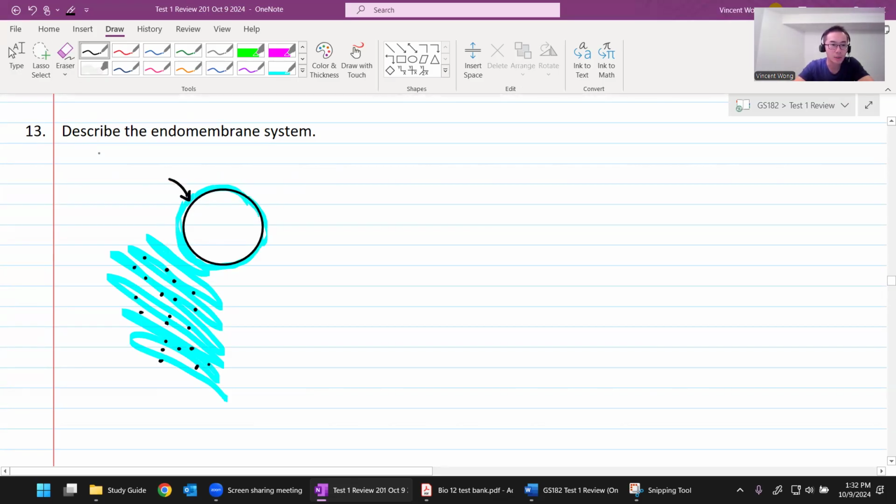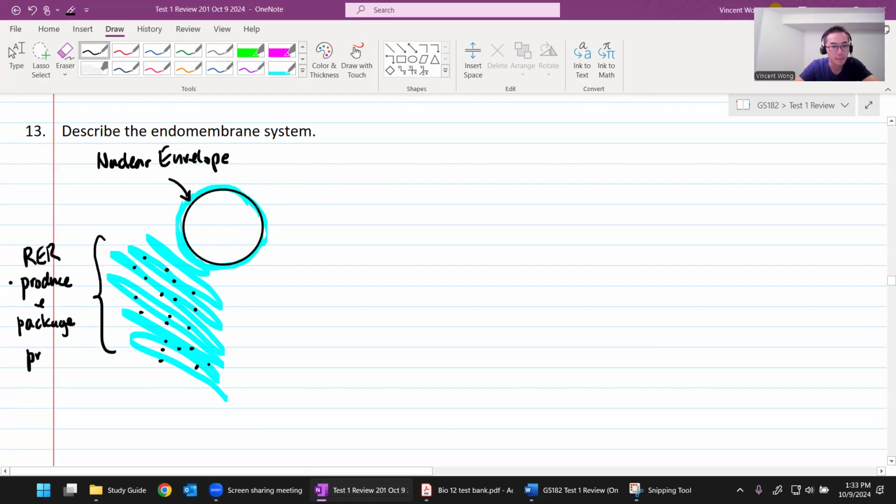Okay, so that's the nuclear envelope, and this here is the rough ER. Rough ER works with ribosomes to produce and package proteins.